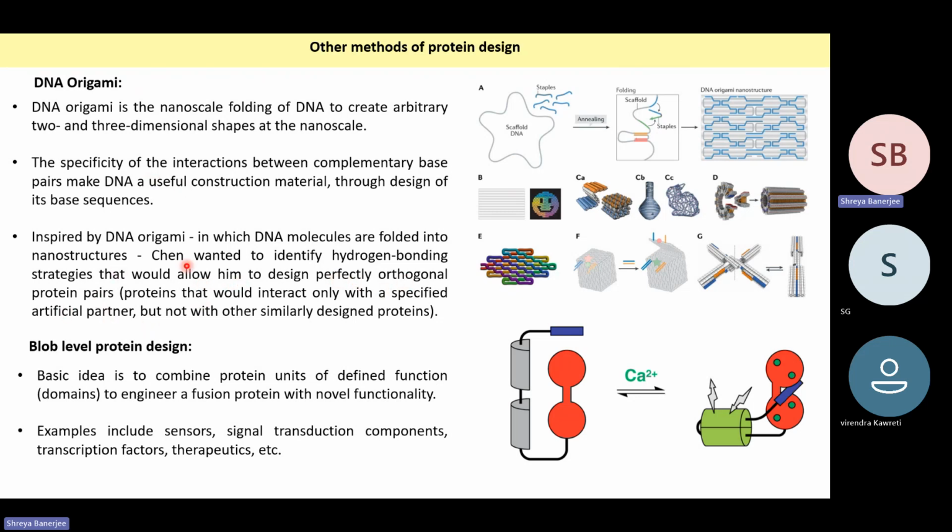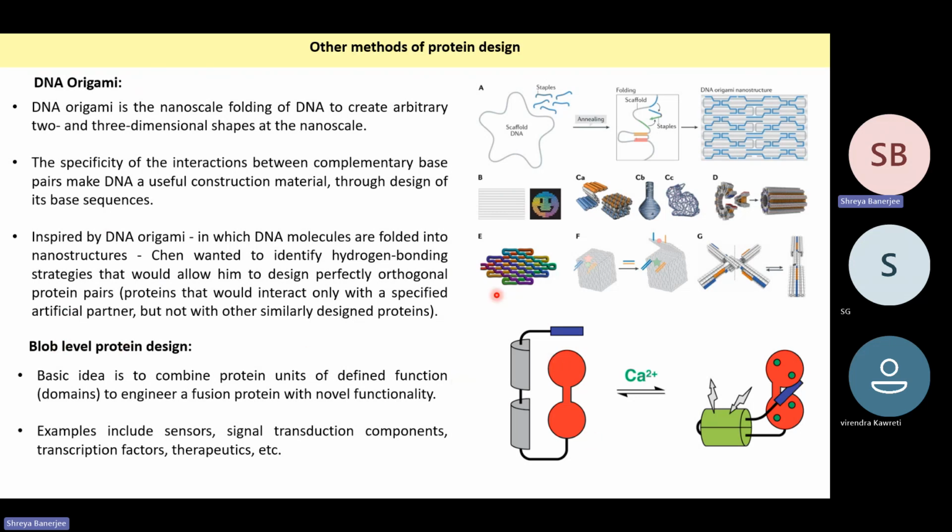Like DNA, A interacting with T and C interacting with G, if we can identify pairs of proteins that will interact only with each other and not with similar proteins, then that will help us to build any kind of 3D structure based on these orthogonal protein pairs.